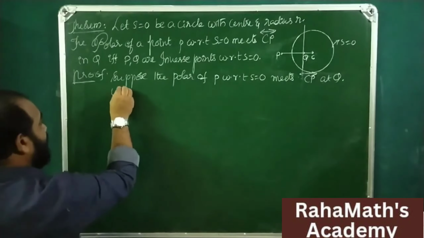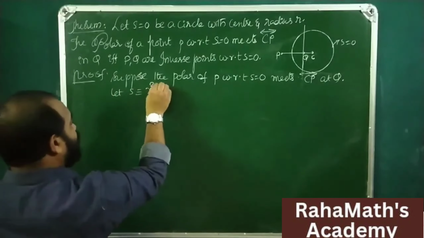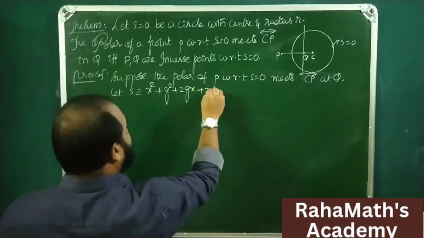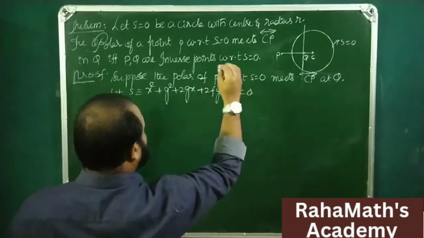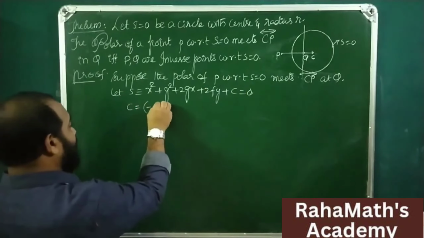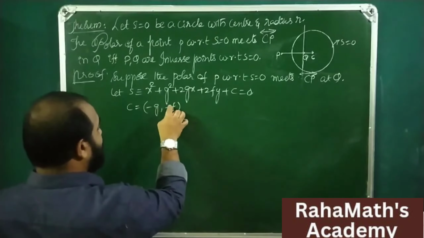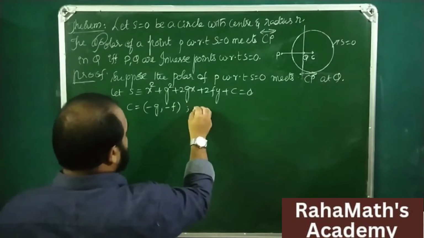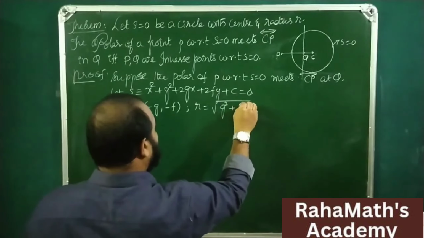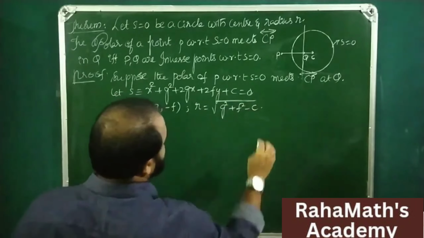So let the circle be x square plus y square plus 2gx plus 2fy plus c equals to 0. The center of the circle is (-g, -f), and the radius r is equal to the square root of g square plus f square minus c.